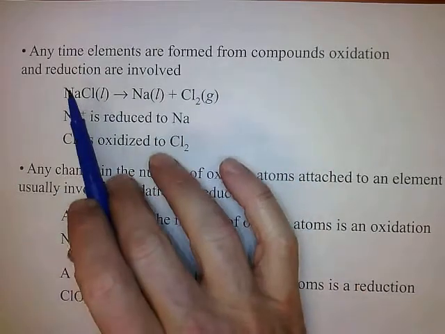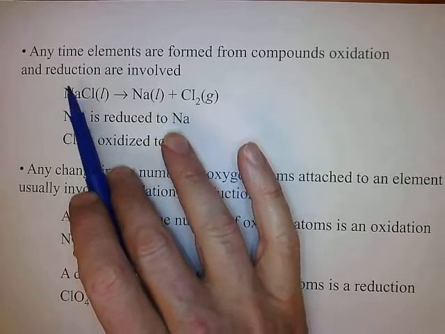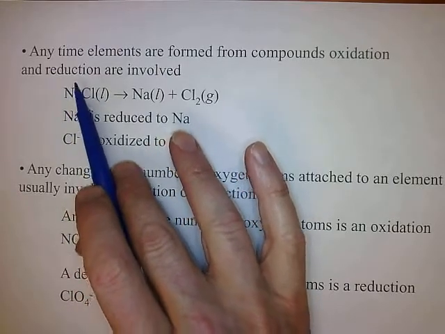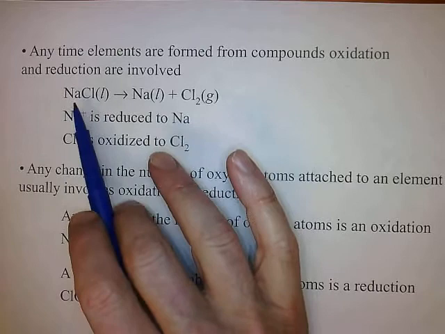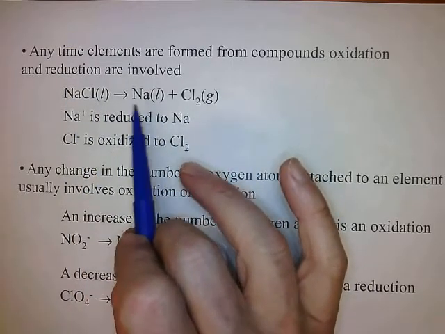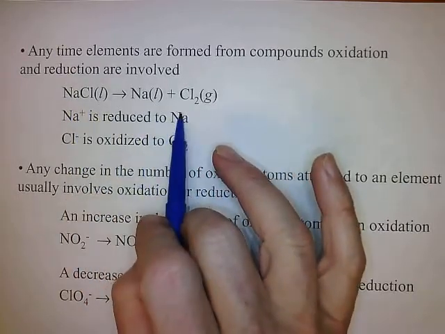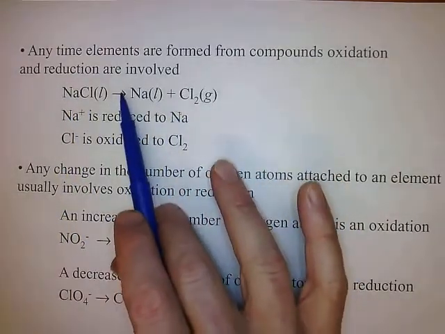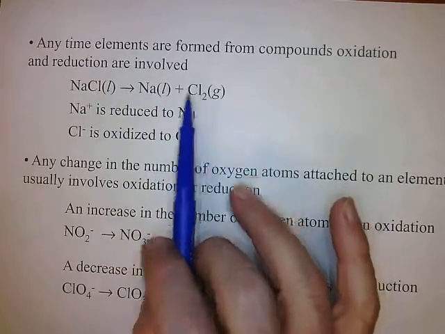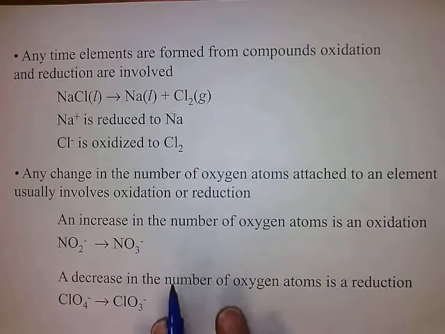Because here we have sodium as part of the compound sodium chloride. Sodium is going to be a +1 ion here. So we're going from +1 to 0. That's going to take electrons. That's reduction. So sodium ion to sodium metal is a reduction, and chloride ion to chlorine gas is an oxidation.